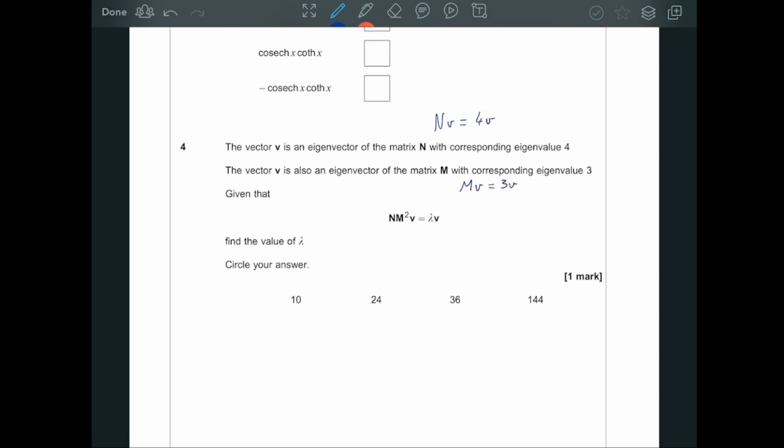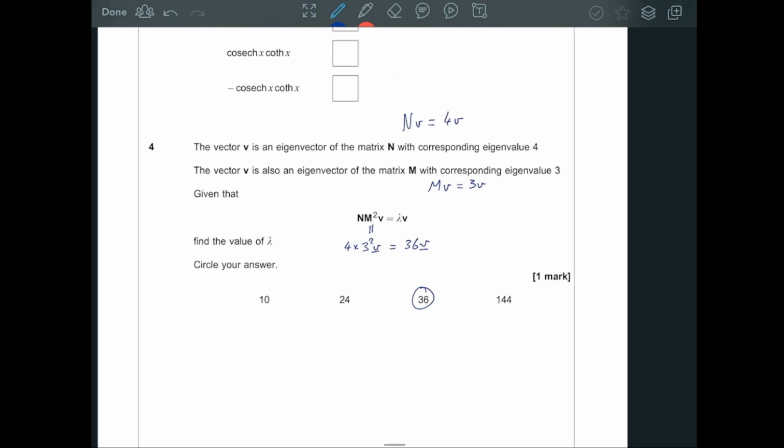So if we put all that together, each M pops out a 3, each N pops out a 4, so this is going to be 3 squared times the 4v, so that is 36v, which is quite nice. If you've got eigenvectors, then the product of those matrices are also eigenvectors, with eigenvalue the product of the eigenvalues.